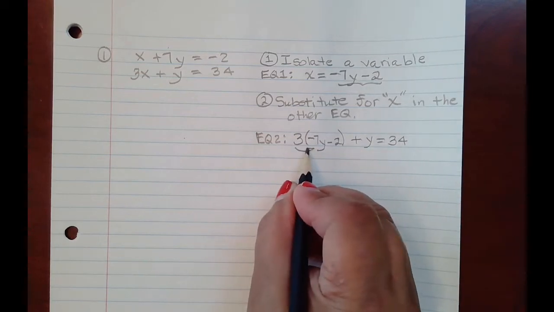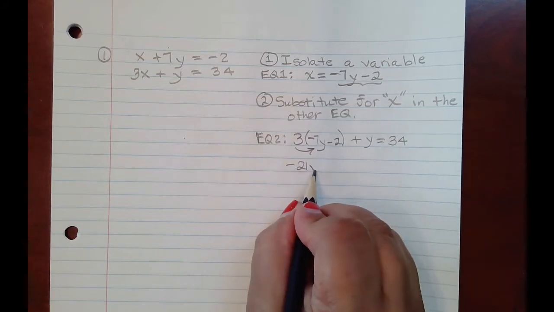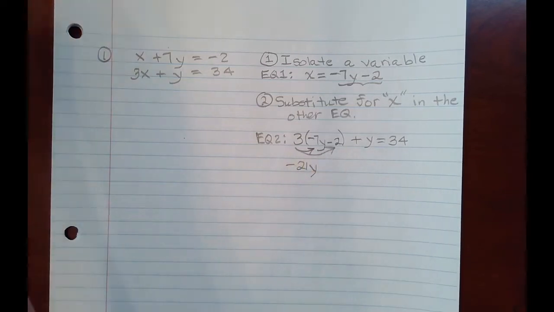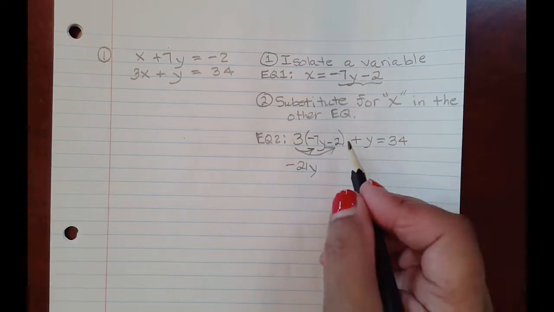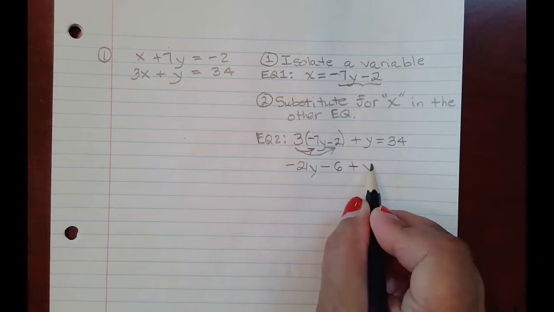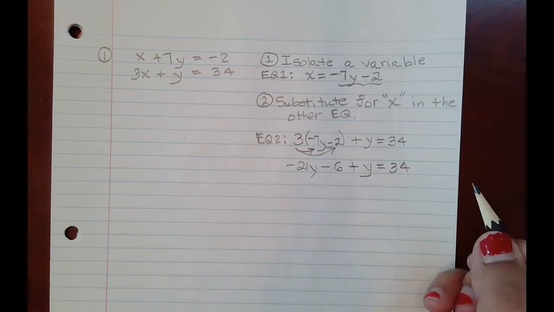Okay, then I'm going to distribute to get rid of the parentheses, so that'll give me -21y minus 6. Drop down that positive y, the equal sign, and the 34, and then solve for y.